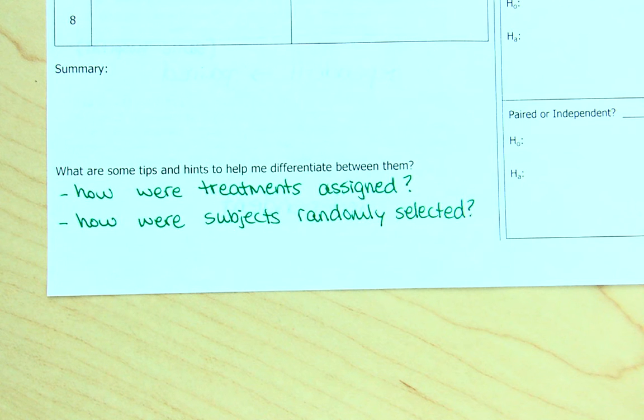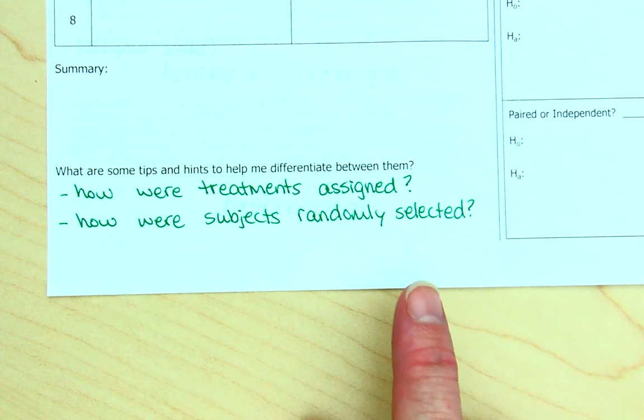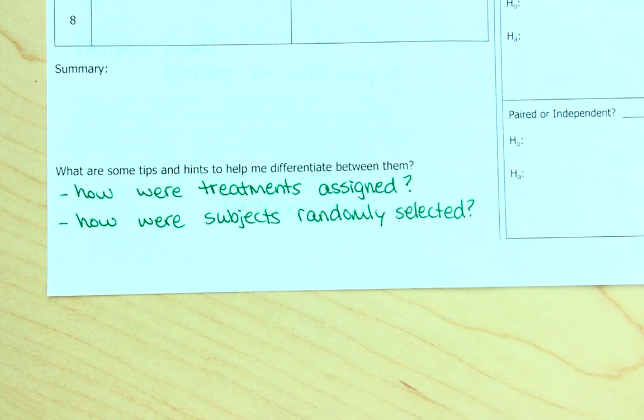Did they randomly select different classrooms and they sampled 2 people from each classroom? If they randomly selected groups and then assigned the treatments within those groups, that's going to be pairing. If they did not do that, if they randomly selected individual subjects and then assigned them to treatments, that's going to be independent. Okay, so you can look at these 2 things. To me, almost always will tell you which one it is. Okay, questions on that part?